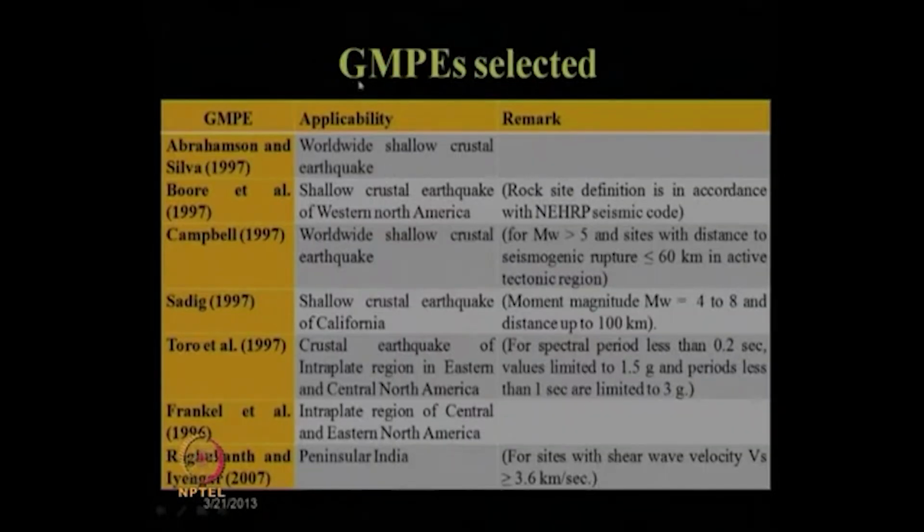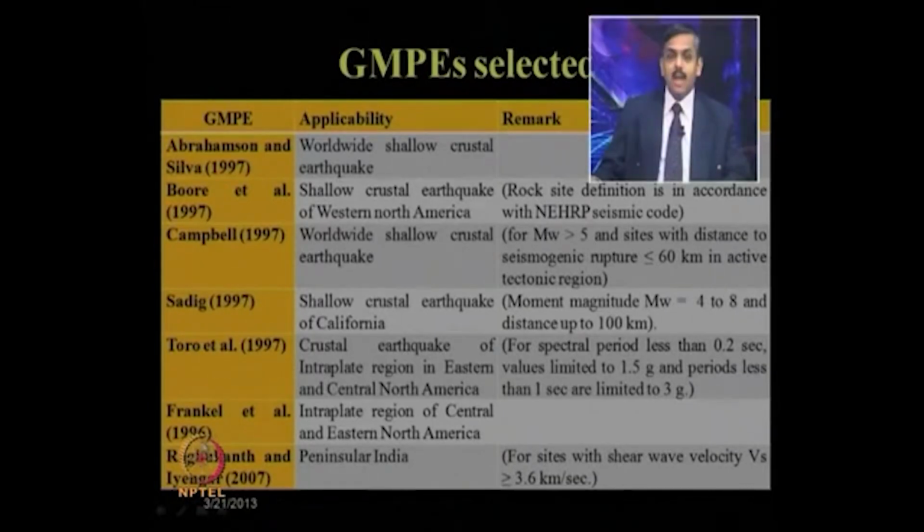Now, let us see which GMPs we need to select to do the seismic hazard analysis. These are the various GMPs. There are 7 ground motion prediction equations mentioned over here: Abrahamson and Silva 1997, Boore et al. 1997, Campbell 1997, Sadigh 1997, Toro et al. 1997, Frankel et al. 1996 and Raghukanth and Iyengar 2007.